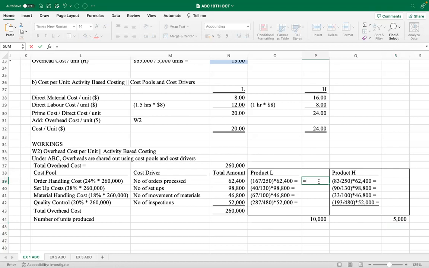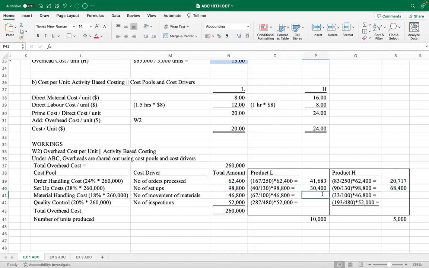So here we have 167 divided by 250 times 62. This other side, we have 83 divided by 250 times 62. The next one, you also do the same. 40 over 130 times 98. This other side, 90 over 130 times 98.